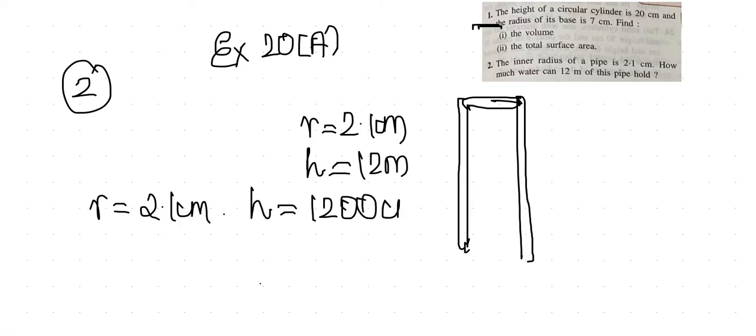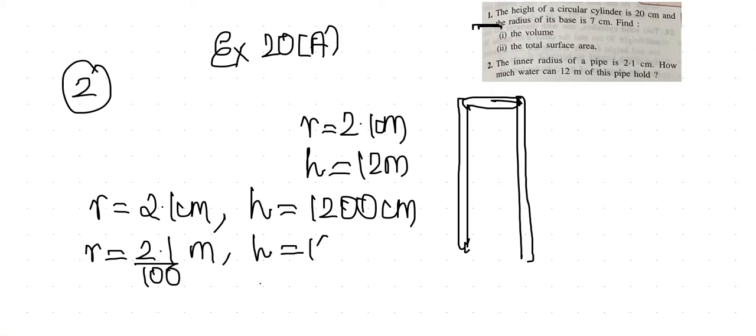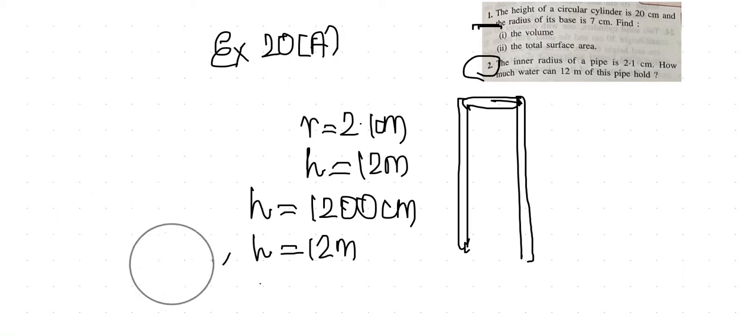If you don't want to go by this, you can just write that r will be equal to 2.1 upon 100 meters, and h is equal to 12 meters. Either way you can do, but you have to make sure that the data are in the same unit. This is the important thing that you need to keep in mind before solving the question. So this question also being an easy one, I'll be giving you this as homework as well.